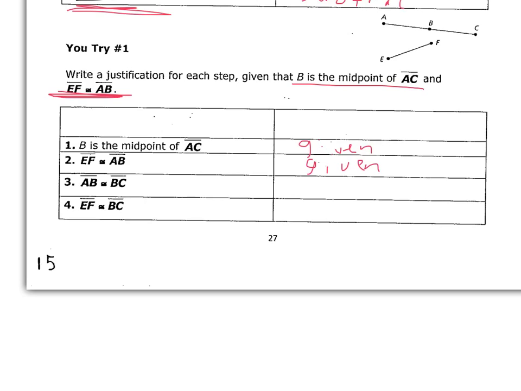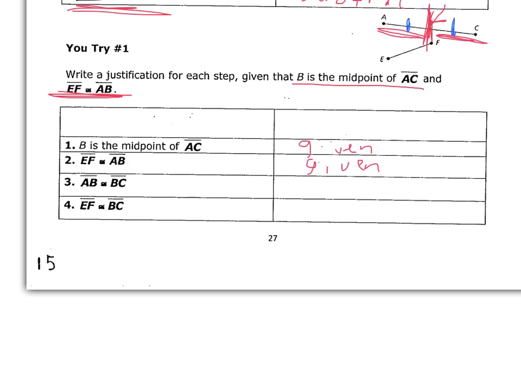Okay, your next step is that AB is congruent to BC. What it's saying is that this segment is the same as this segment. The only reason we know that is that when it says something is a midpoint, like this B, we know that a midpoint is located right in the middle, so it splits something in half, and that makes these two segments congruent.